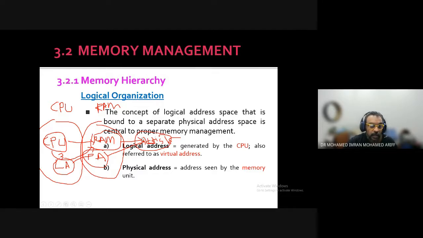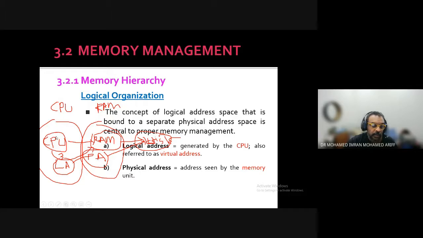So when the CPU needs a specific file, dia akan keluarkan an address which is called a logical address. So logical address ini akan masuk dalam RAM, and RAM will translate this logical address into a physical address to locate the particular file.